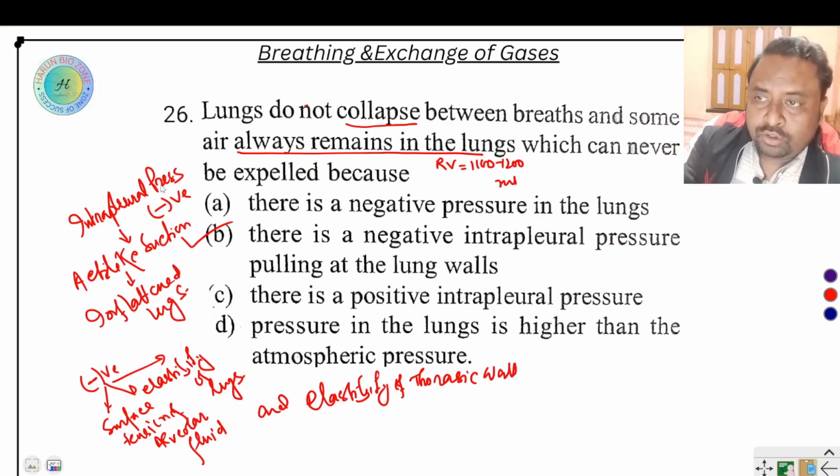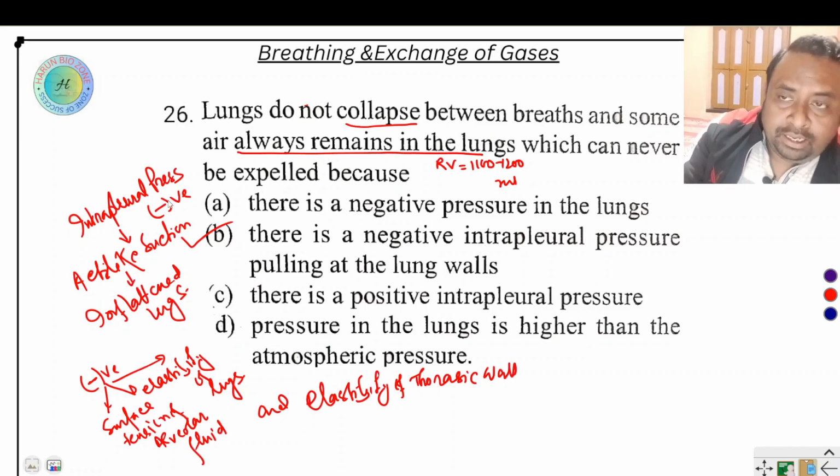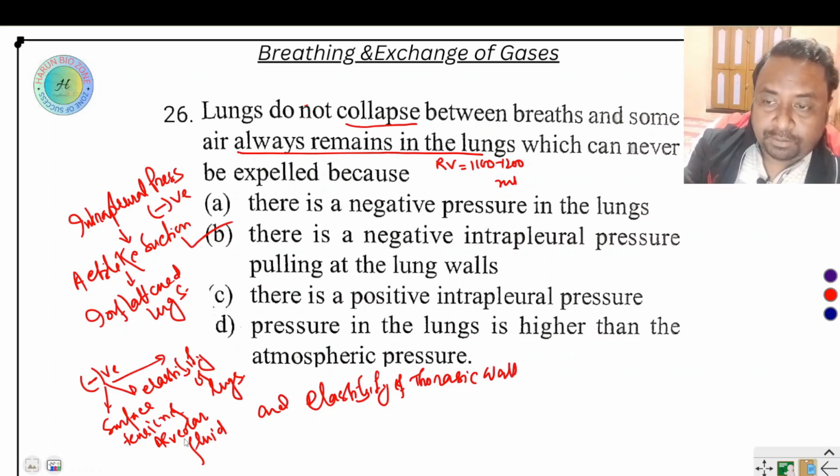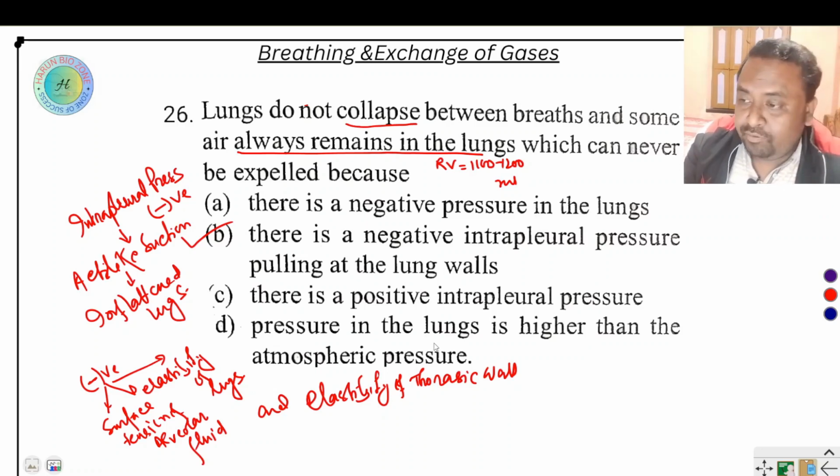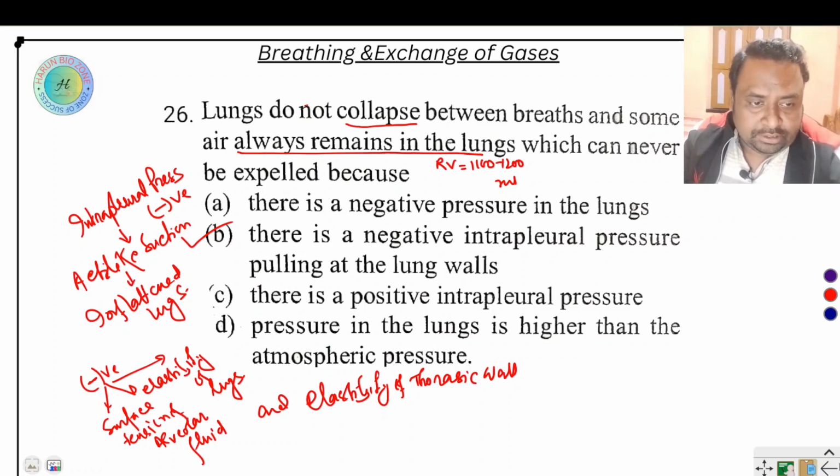The intrapleural pressure is always negative. Why negative? Because of surface tension of the alveolar fluid, elasticity of lungs, and elasticity of thoracic wall. This acts like suction, so air sacs do not become flattened. Clear? Next question.